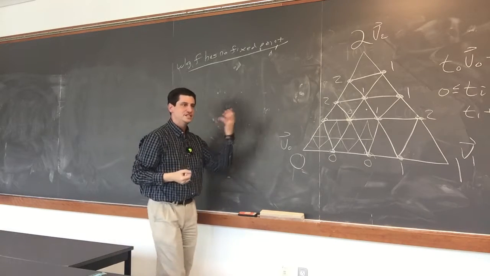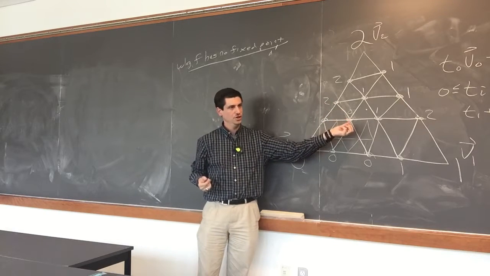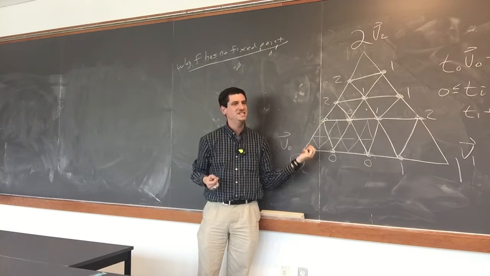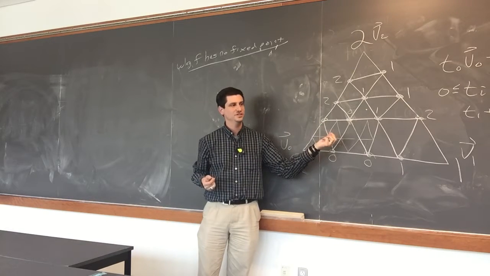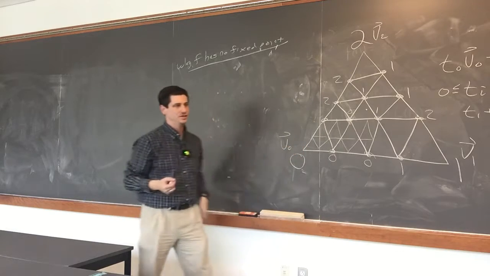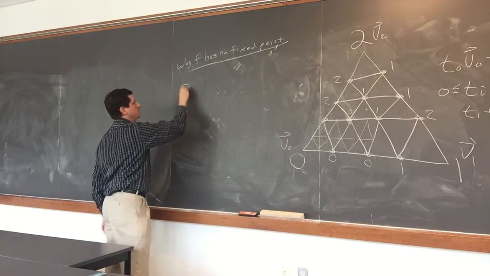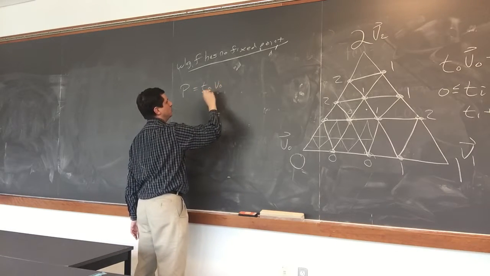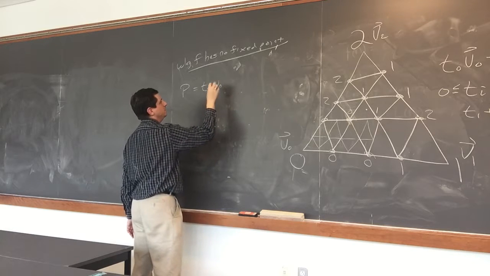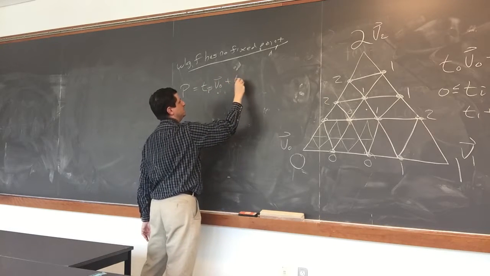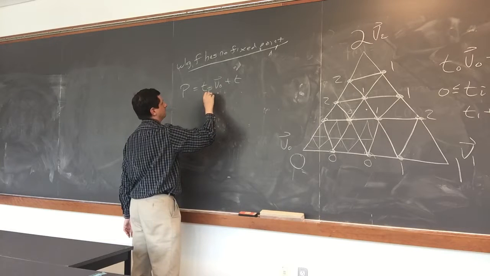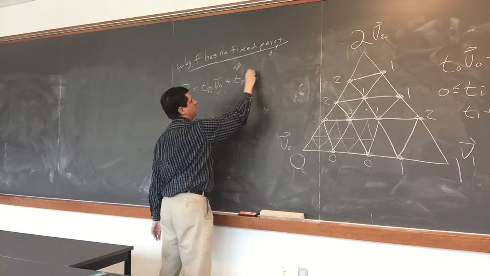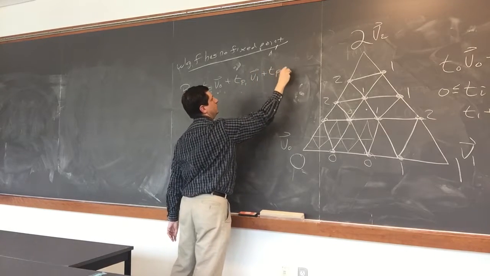So what we're going to do is to each point in the triangle, we're going to associate a label. It will be the smallest index where f of the point does not have the same value as the point. So let's say I have some point P in the triangle. I can write P as TP0 V0 plus TP1 V1 plus TP2 V2.